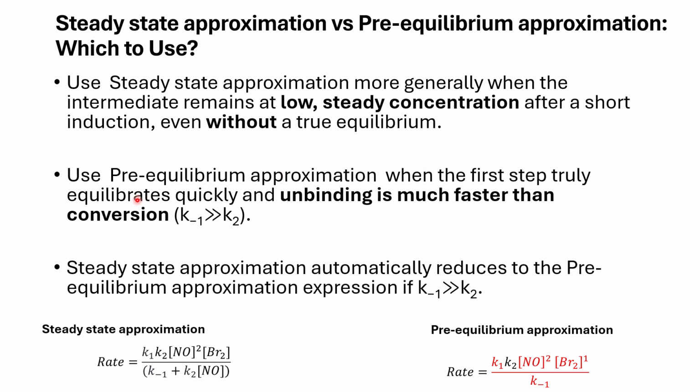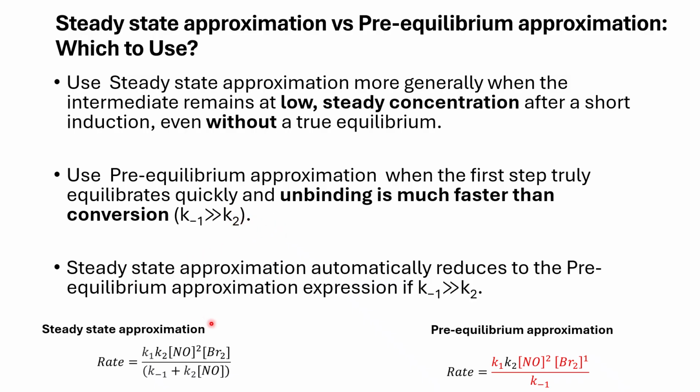While we use the pre-equilibrium approximation when the first step truly equilibrates quickly and unbinding is much faster than conversion, which means that the reverse reaction of the intermediate back to the reactant is much faster compared to the intermediate turning into the product, k2.